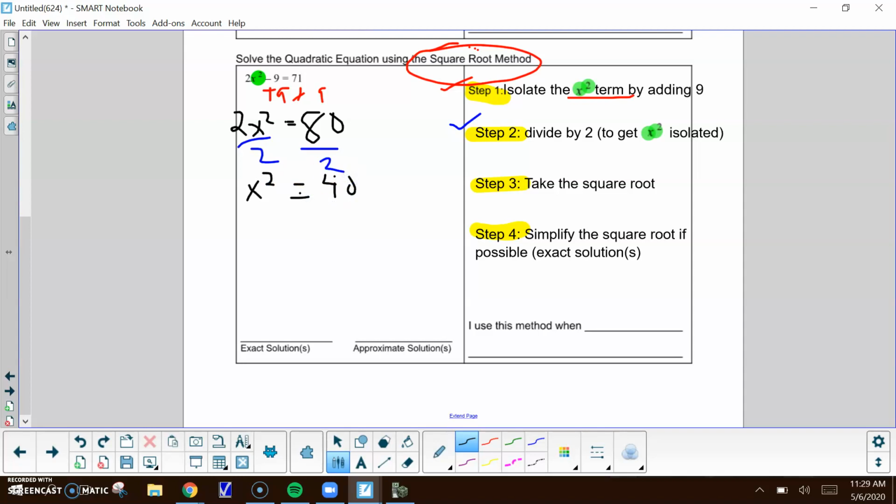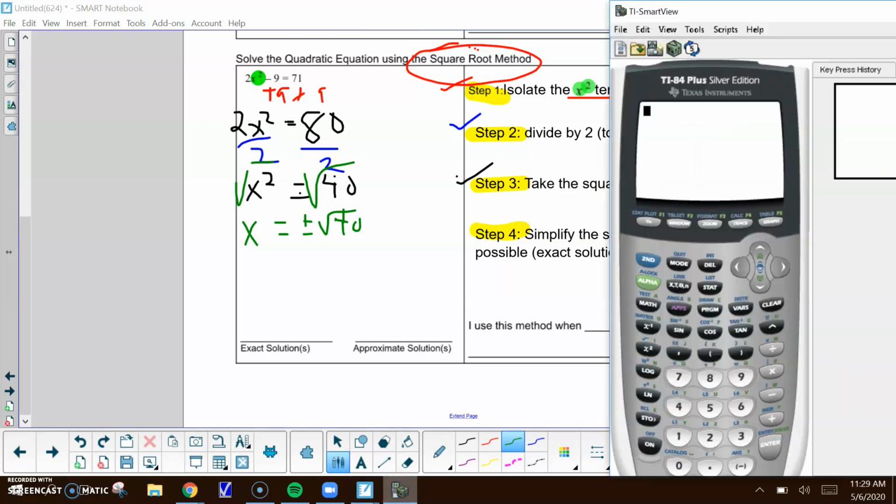All right, so next I take the square root. So if I take the square root of both sides, I get x is equal to positive and negative square root of 40. Now, I'm going to do the approximate first, and then I'll do the exact, just because I have my calculator here.